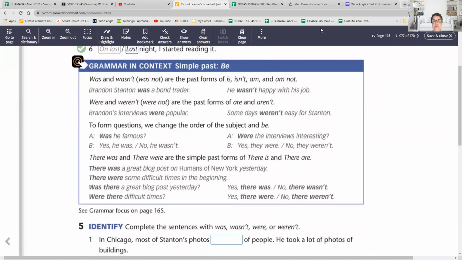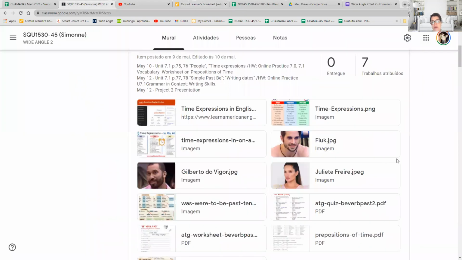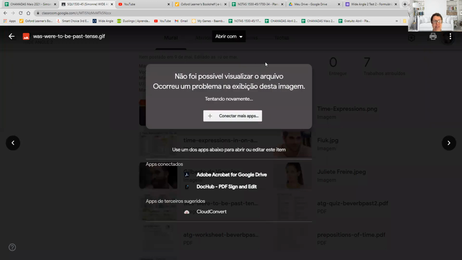So let's check out now here the simple past of the verb to be. Okay, so I think I posted something for you to visualize better the simple past. Let's take a look there. I guess it's this one here. It's easier to see, if the connection is good, of course.